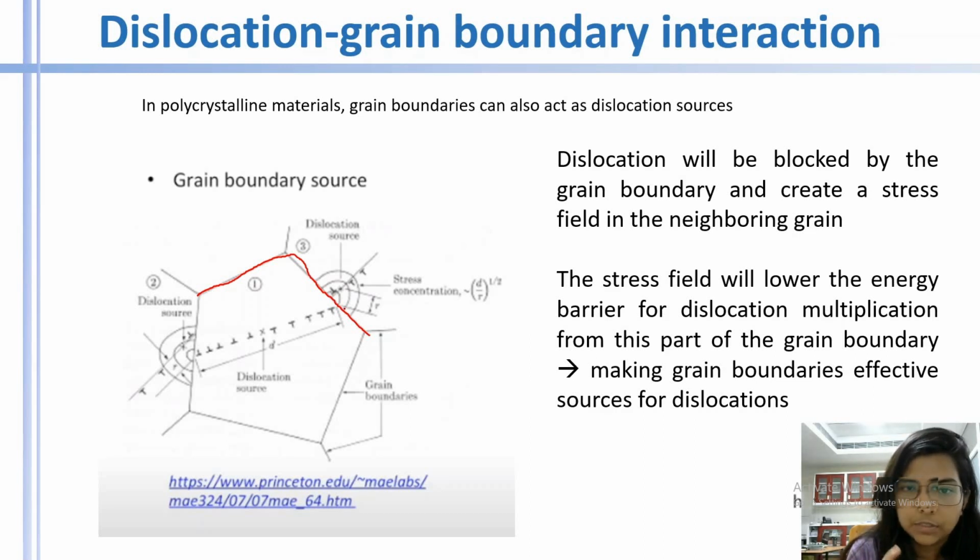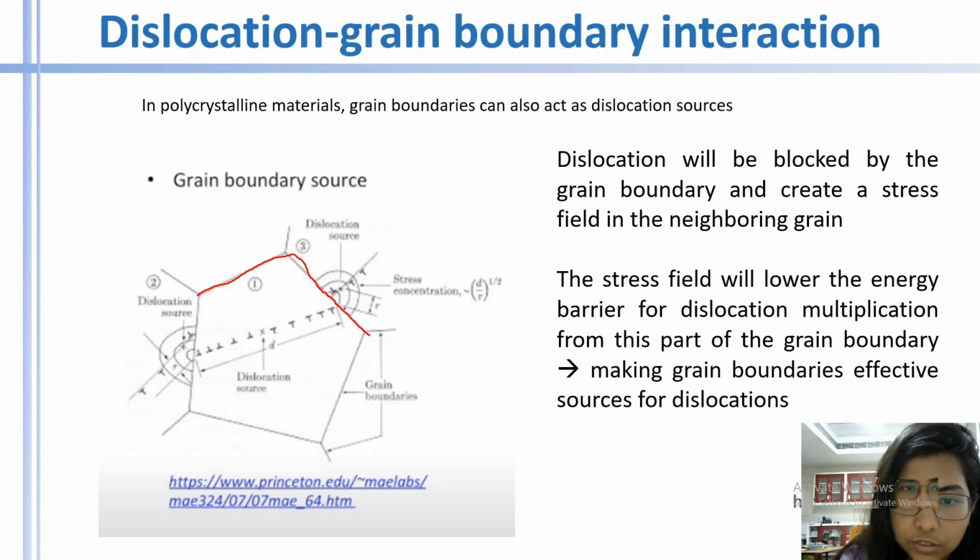The dislocation is blocked by the grain boundary, which creates a stress field in the neighboring grain, the grain next to it.